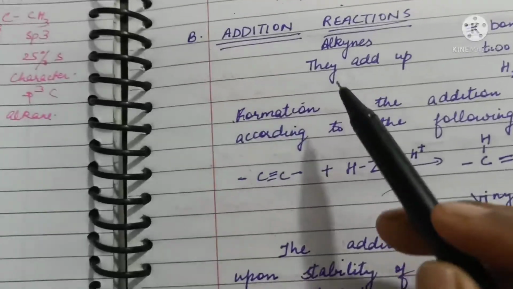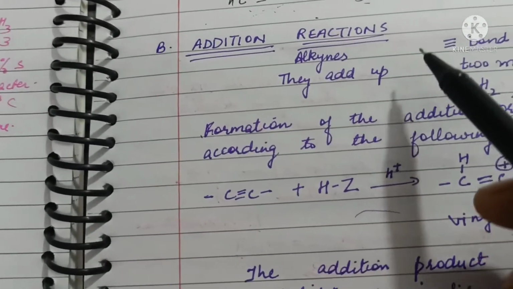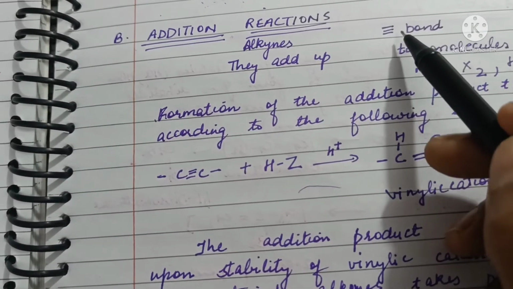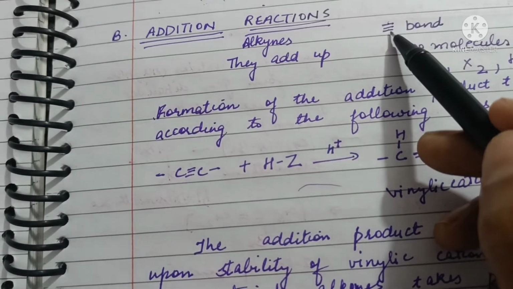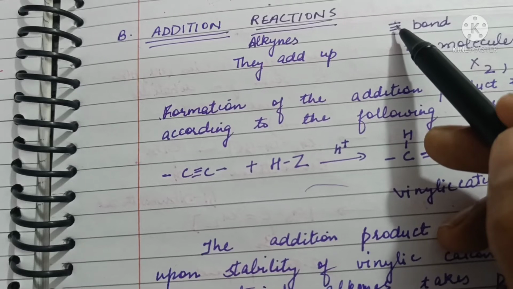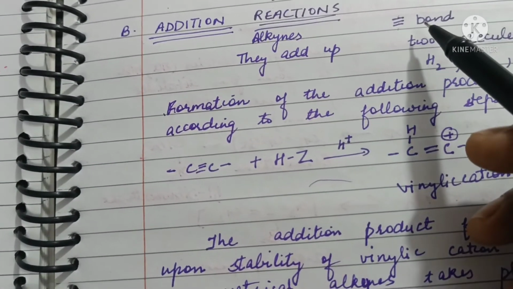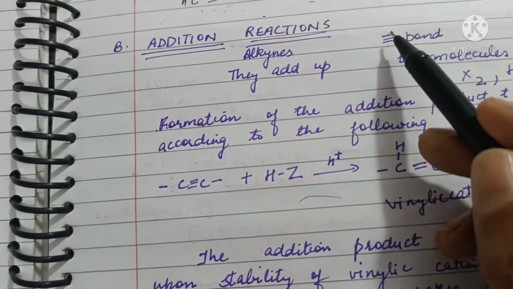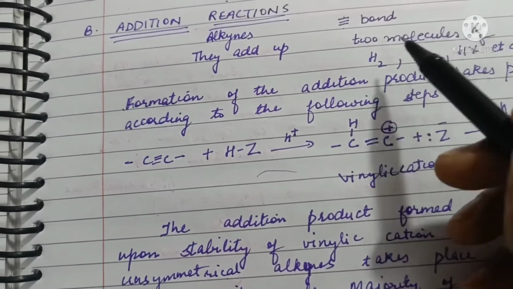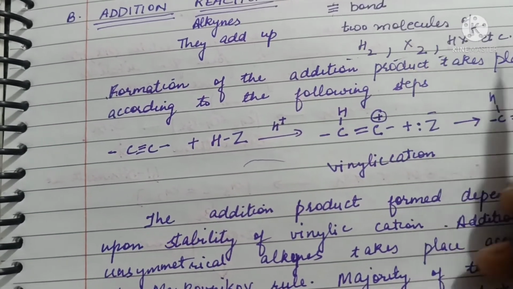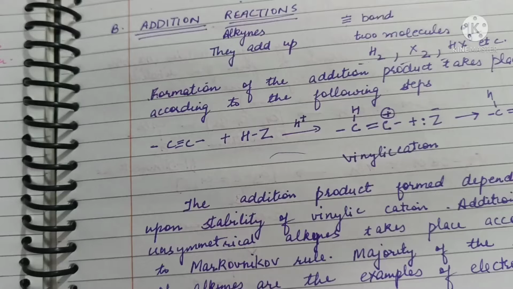Addition reactions. Alkynes have a triple bond, so the pi bonds can be broken, and whenever a pi bond breaks, some substance can be added to it. For example, because there are 2 pi bonds, 2 molecules can be added. For example, hydrogen can be added, halogen can be added, and hydrogen halide can also be added.